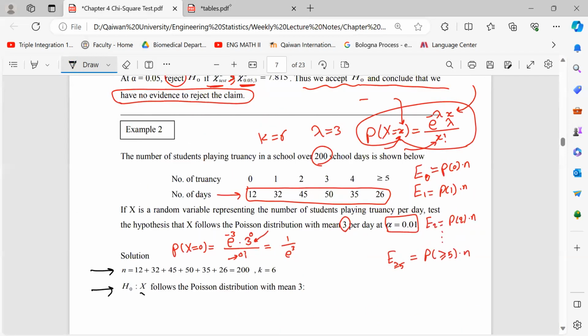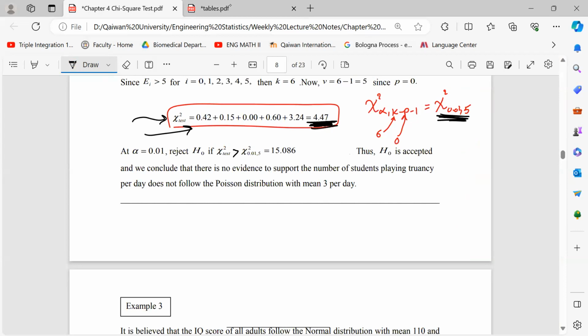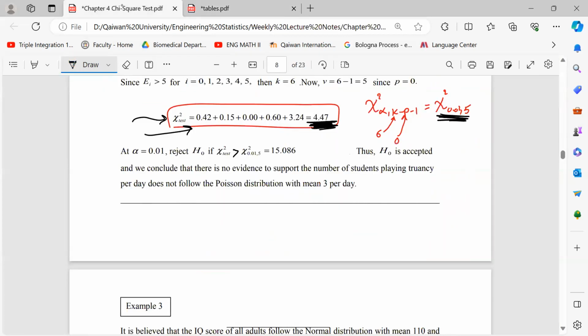Here, H naught is X follows a Poisson distribution with mean 3. We cannot reject this one because the chi-square test is not greater than the chi-squared we get from the table. This is 4.47, and chi-squared from the table is 15.09. Is 4.47 greater than this?